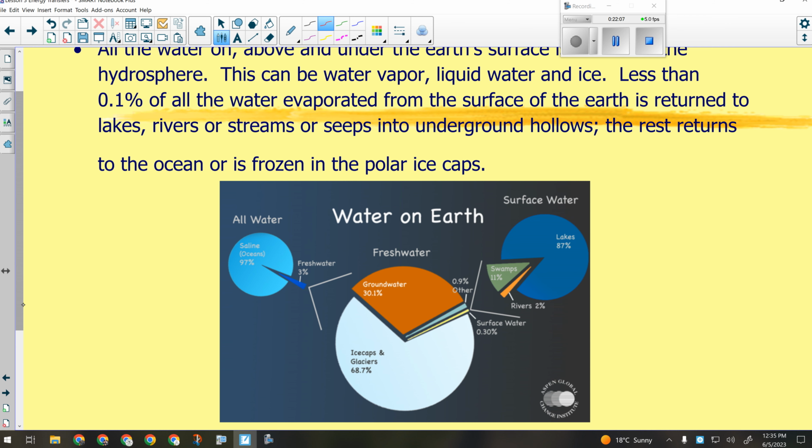Of that 3%, ice caps and glaciers are 2/3 of it, groundwater is 1/3 of it, and this tiny little fraction of the rest would be fresh water on the surface. That's lakes and rivers. Where's the biggest storehouse of that kind of fresh water? The stuff that's on the surface and is so good.